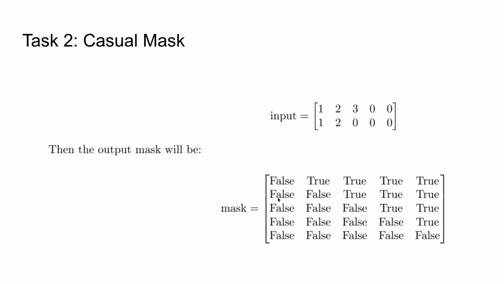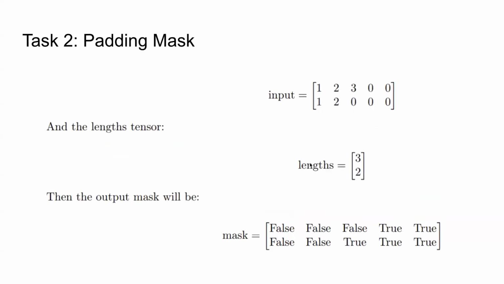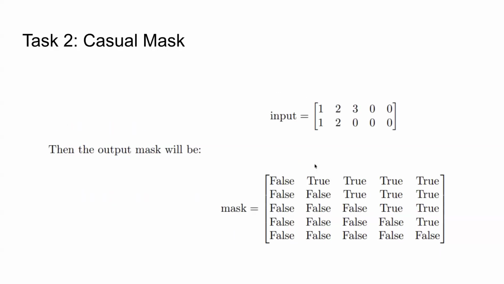But if you see the second row, you can see false on the first 2 columns. That means that the query at the second token can attend only to itself and the first token, and it can't attend to the third, fourth, and fifth token. And this is what the causal mask is, and we are using that to prevent the model from cheating.